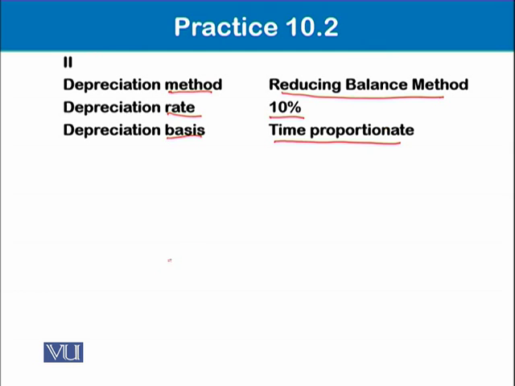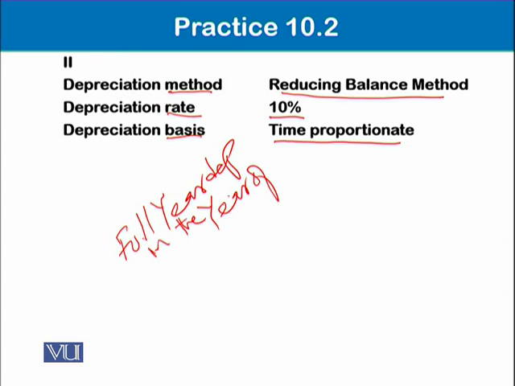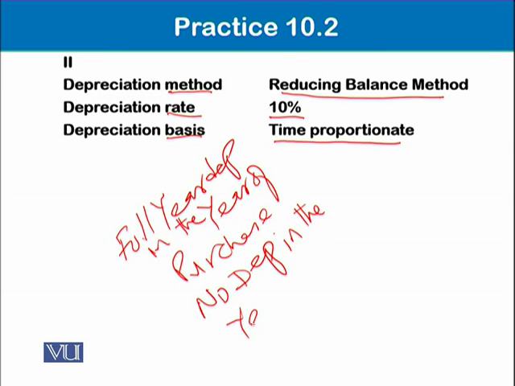Either there will be full year depreciation in the year of purchase, and if there is full year depreciation in the year of purchase, in that case there will be no depreciation in the year of disposal.